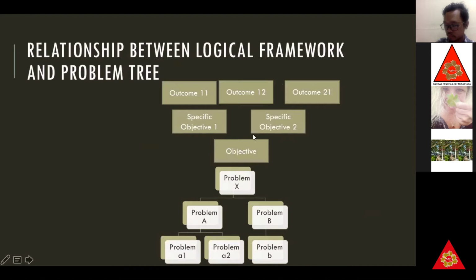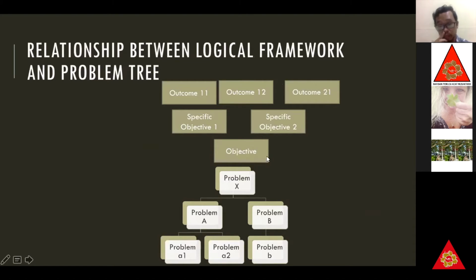Here enters what we call the logical framework. The logical framework is the part from the upper part of this figure. The logical framework wants to have a logical relationship between what you will do.